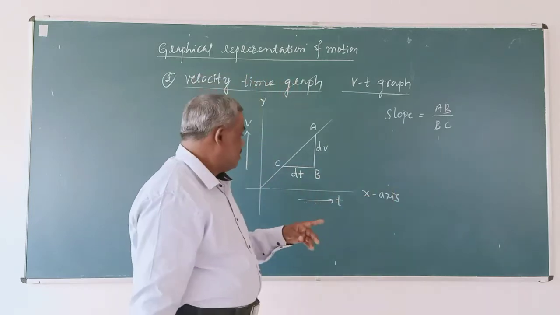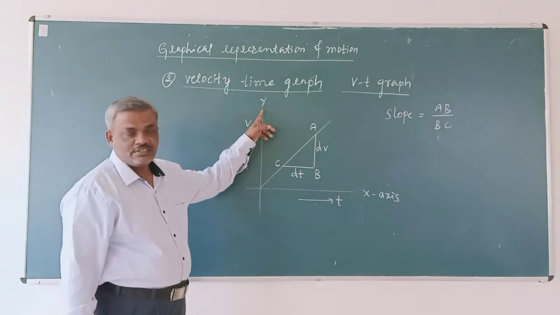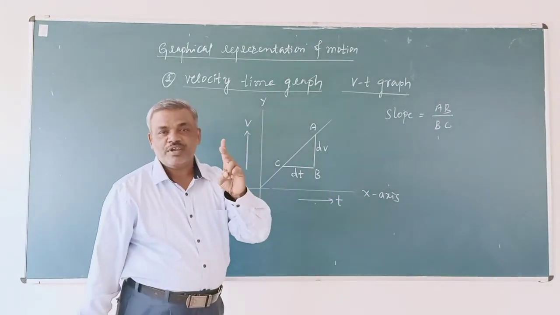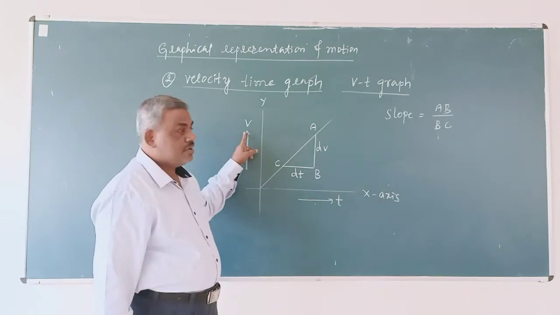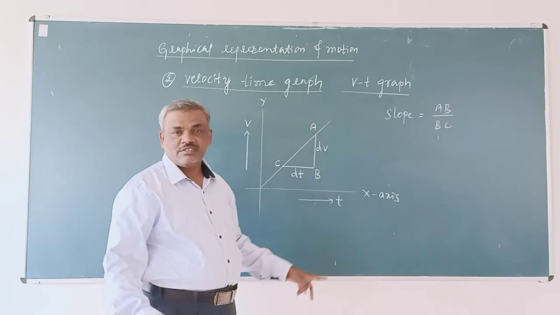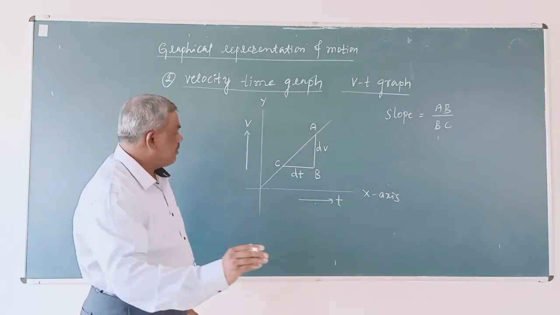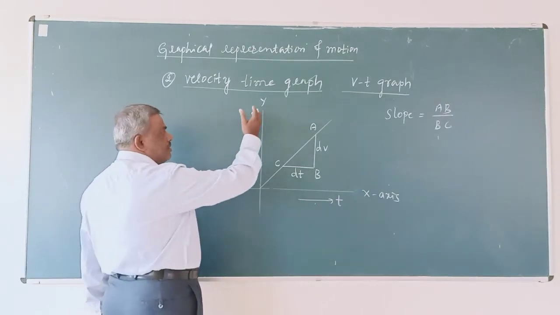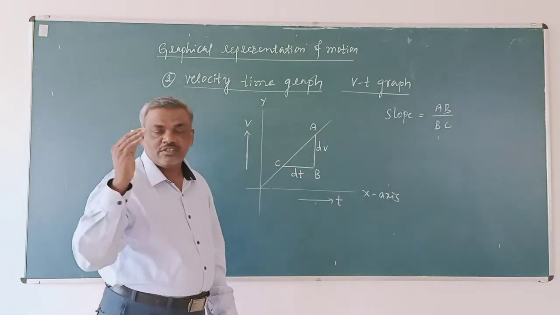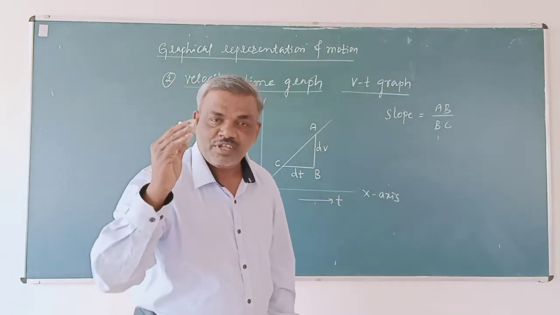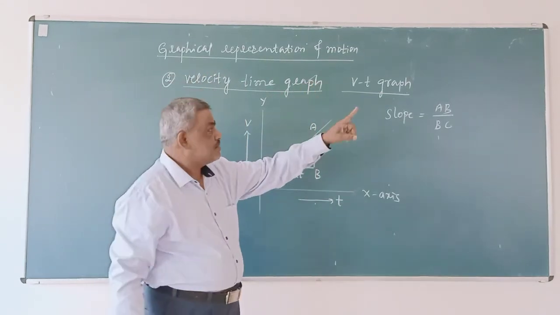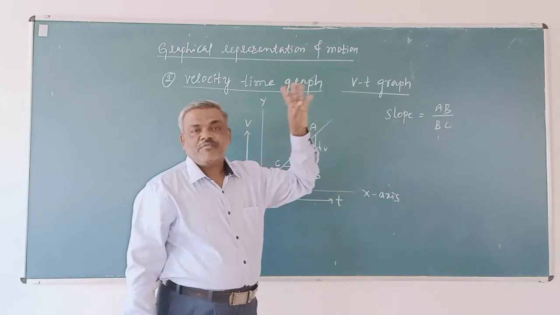So velocity is taken along the y-axis and time along the x-axis, which is very important here. The graph obtained by plotting velocity along the y-axis and time along the x-axis is known as the velocity time graph, or simply the VT graph.